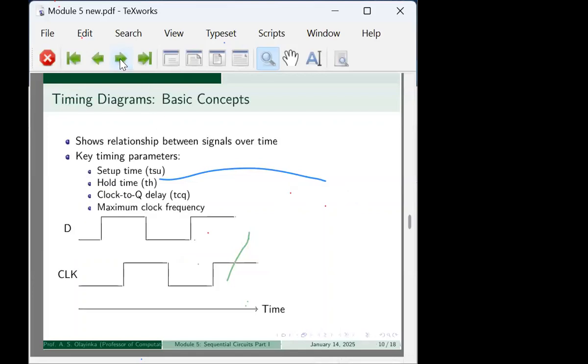Then let's look at the timing diagram very quickly. You can see one on the screen.